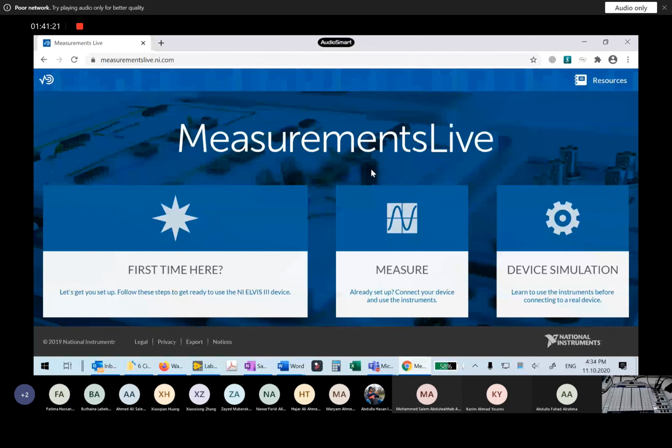Can you confirm that you can see this web page? Yes, you can see. Nice. Anybody doesn't see this web page?